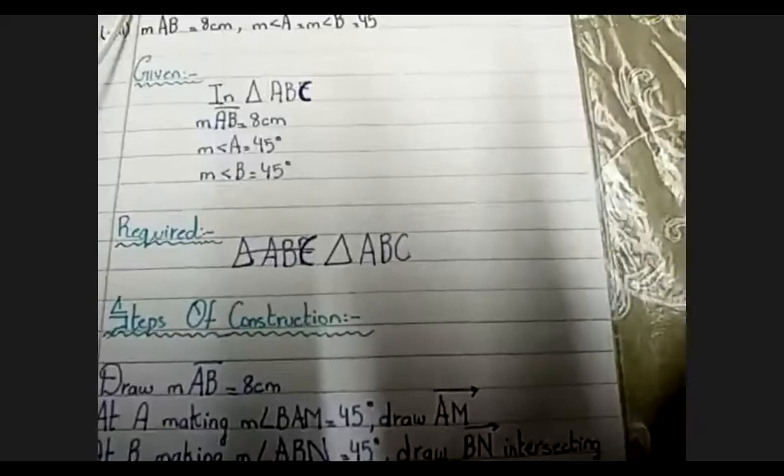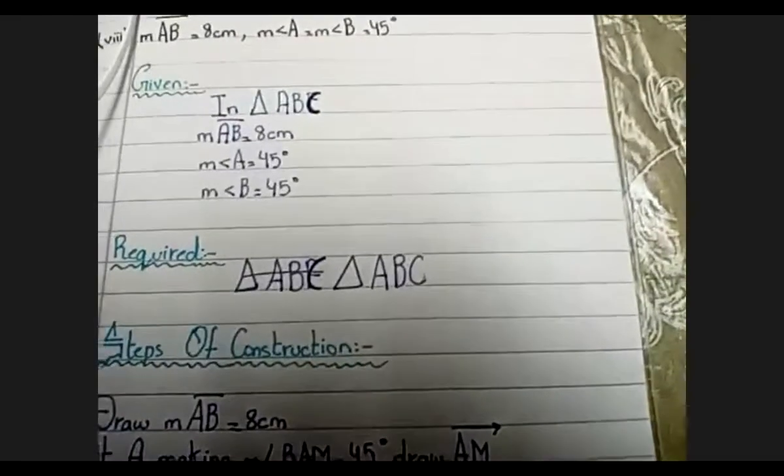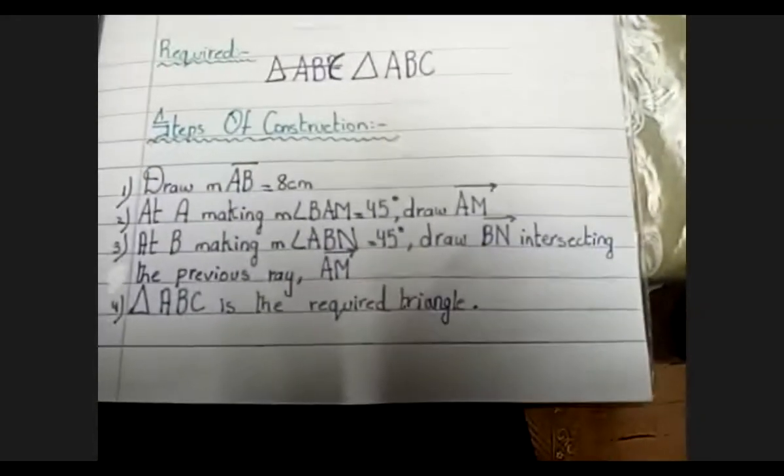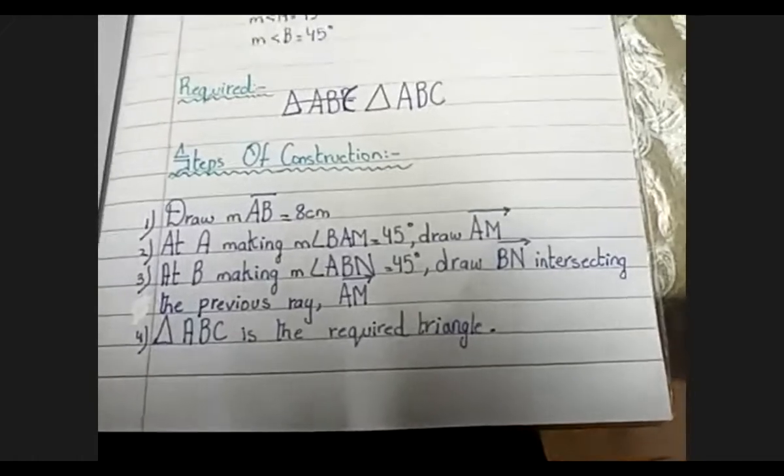Absolutely right. Now, next one is Sanya. Sanya is there. Okay, great. Sanya, show me the steps. Perfect, Sanya. Perfect. Sanya, show me the construction quickly. Show me the construction. Perfect. Perfect.